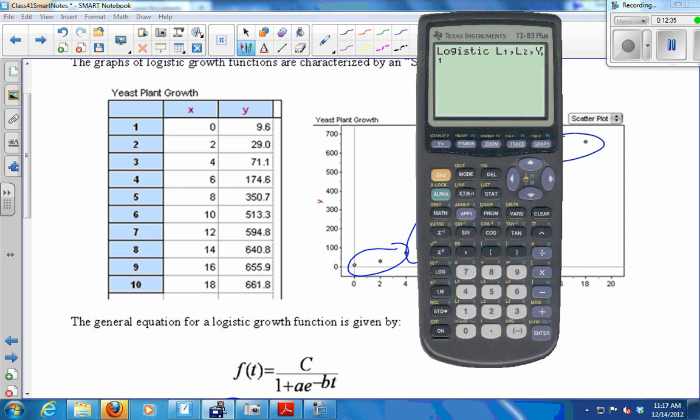Has to think for a while. All right, so there we go. It gives you the formula and the values of A, B, and C.